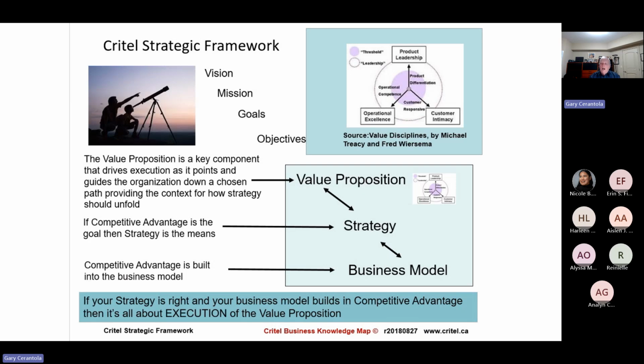And if you don't have a sense of a business model on how you're going to execute on that strategy, then you're at a loss, right? So if your strategy is right, and your business model builds in competitive advantage, then it's all about execution of the value proposition. So that's really the crux that I wanted to share with you.